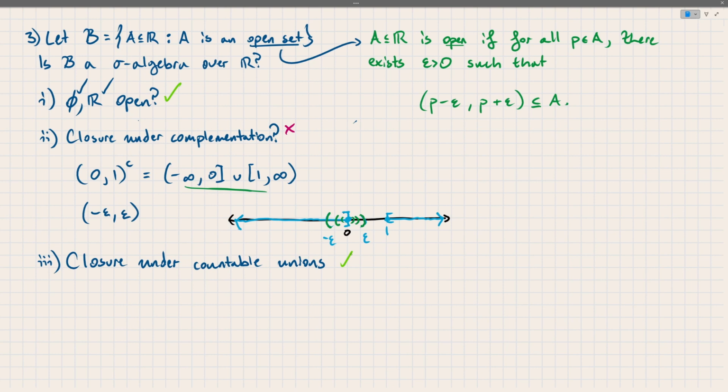But the question arises, because if you are familiar with topology, it would be nice to encapsulate the topology of R. And if you don't know what that means, that's okay. But it would be nice to encapsulate in some way the topology of R, because open sets are very nice sets to work with. It would be nice to encapsulate that inside a sigma algebra.